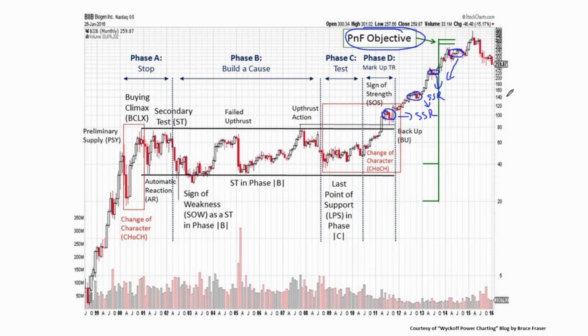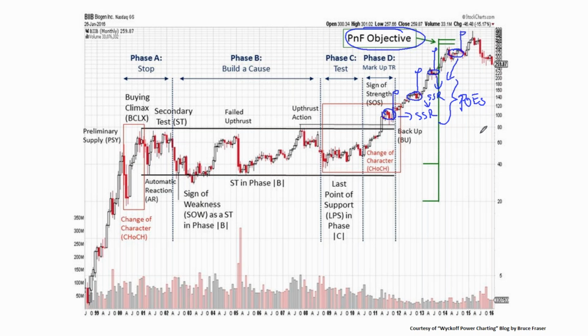And oftentimes, we can do point and figure objectives of the stepping stone reaccumulations, which Ramon circled. We do point and figure chart counts of those, and they will count up towards the ultimate objective at the highs. So there are stepping stone reaccumulation counts and confirming counts, and we can do point and figure counts on those too.